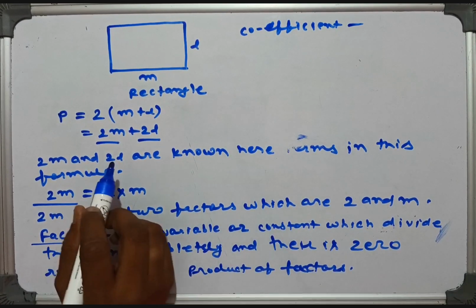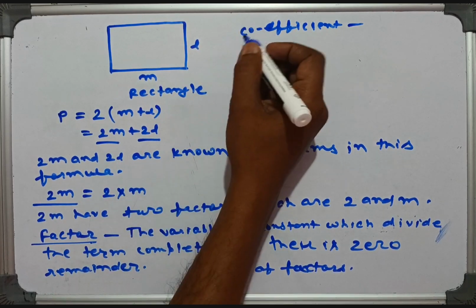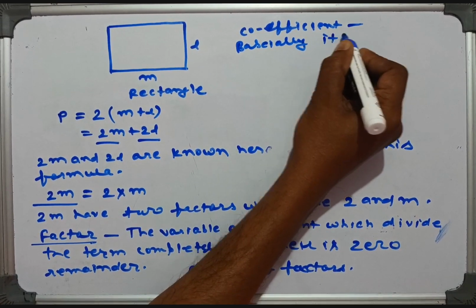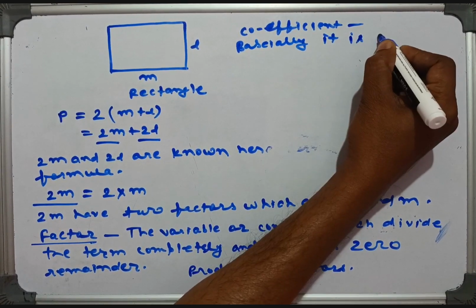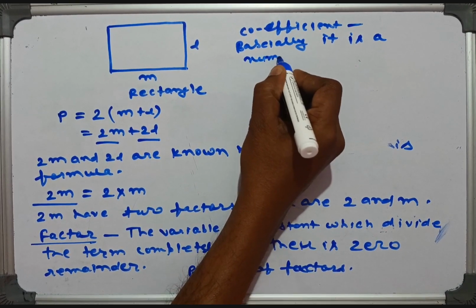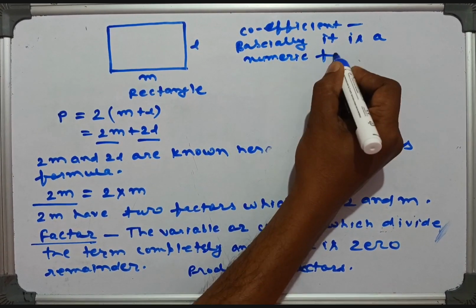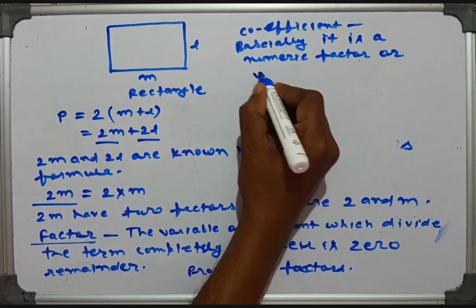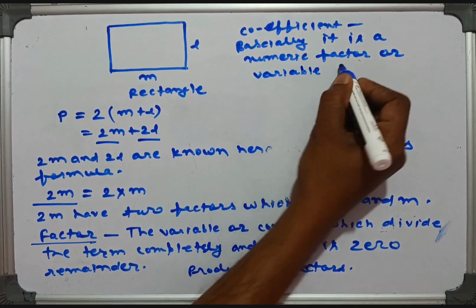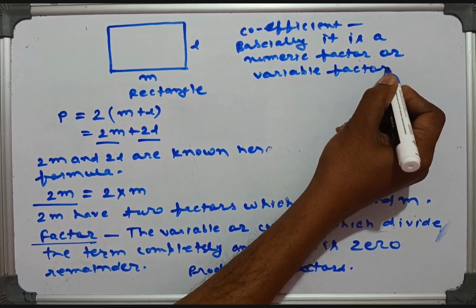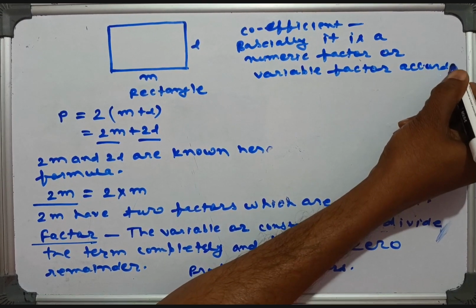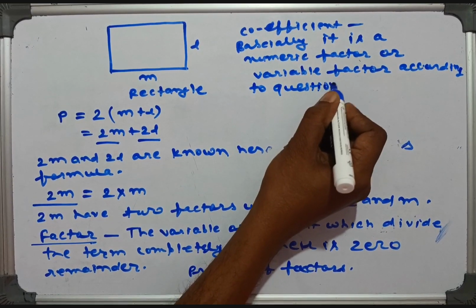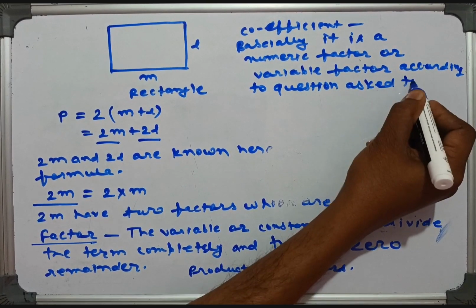Guys, coefficient is basically a numeric factor or variable factor according to the question asked to you.